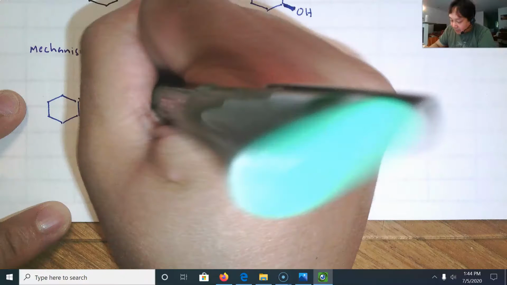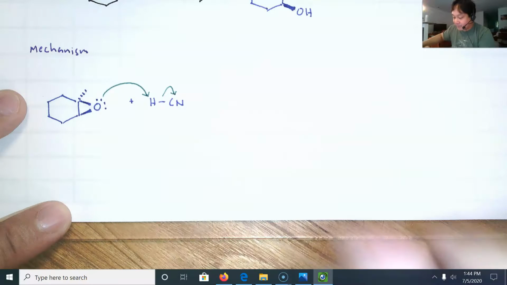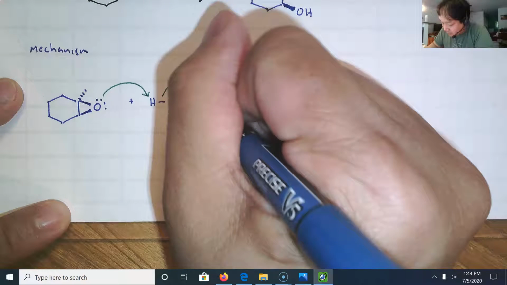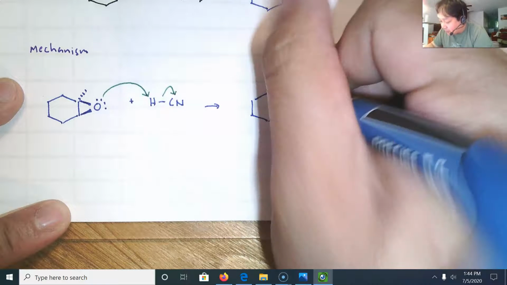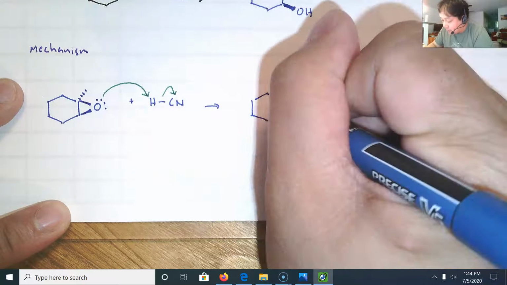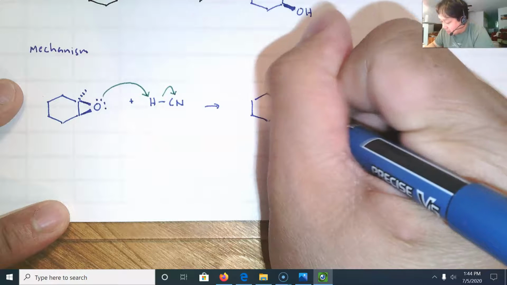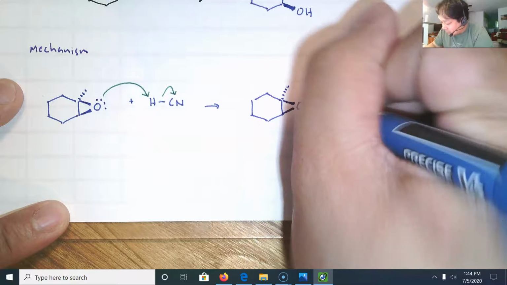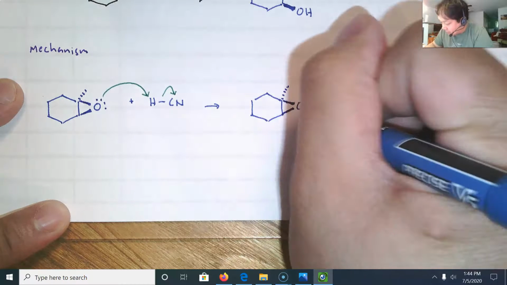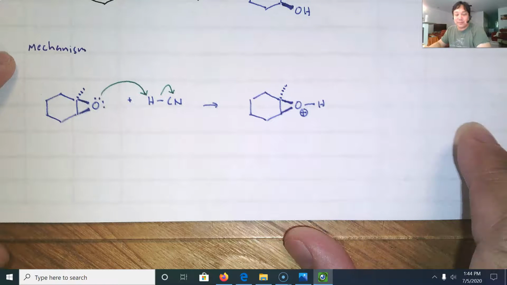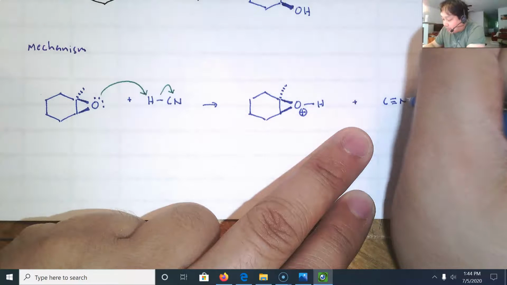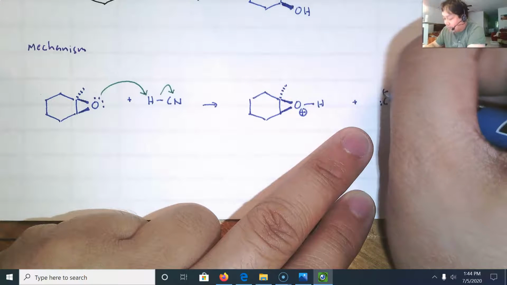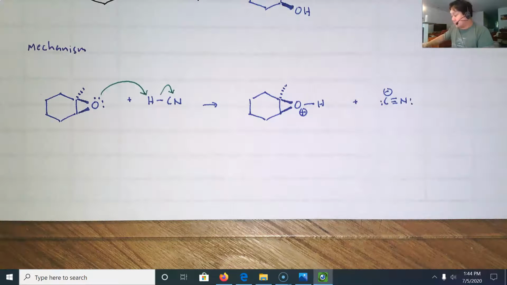This was the step that we did not see in the previous reaction. We protonate the oxygen first. We put the hydrogen on right away. And I'll draw it like this. I'll put the plus charge on the bottom. We created cyanide. You don't have to draw the triple bond, but I like drawing the triple bond. And we attack.